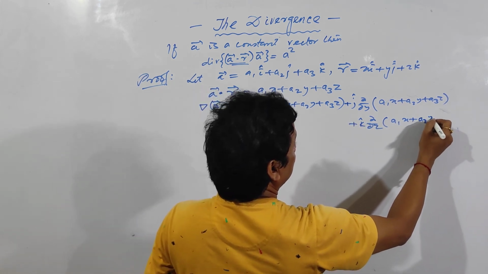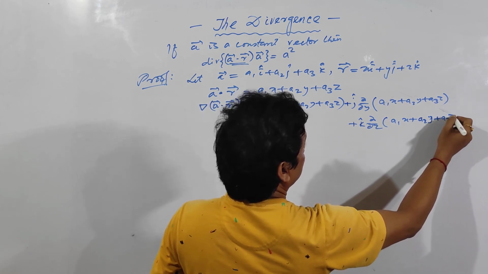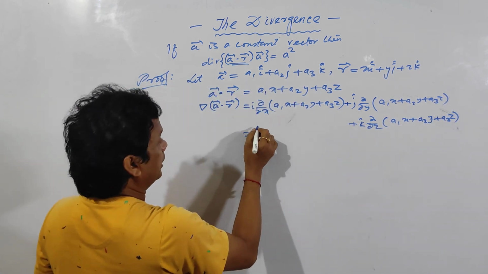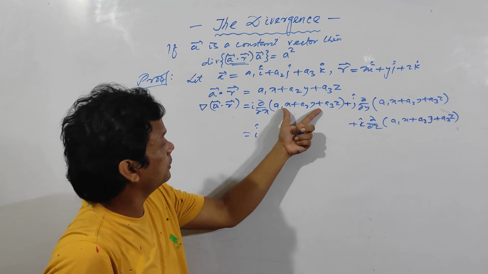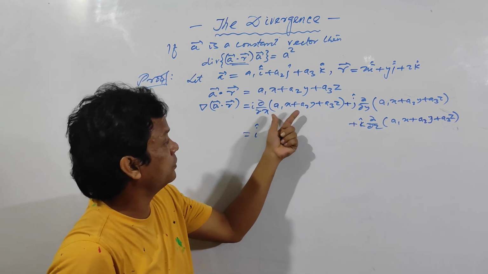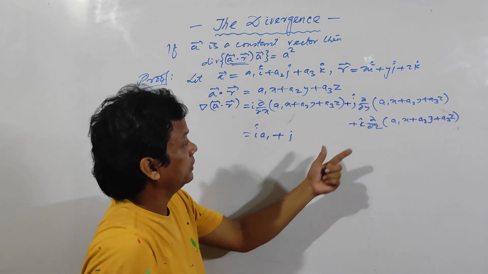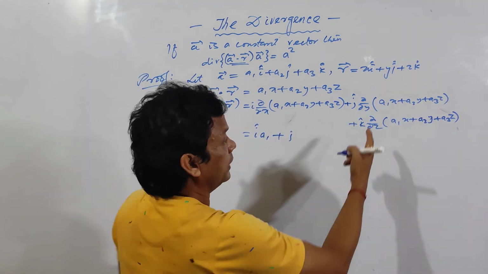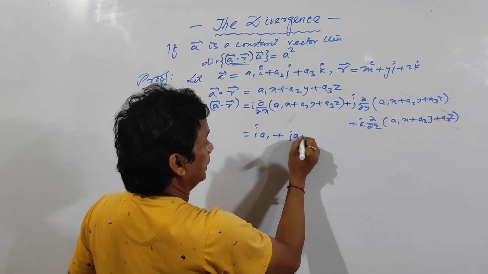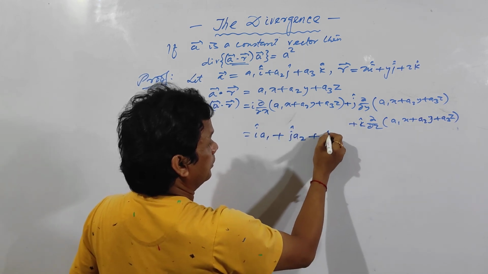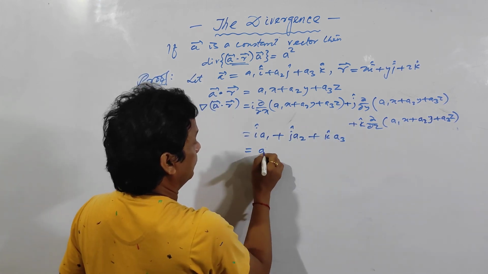The derivative of this one with respect to x: this quantity is 0, this quantity is 0, this one A1. j cap, and with respect to y, that means simply A2 and these two quantities become 0. And this is k cap into A3, which is equal to A vector.